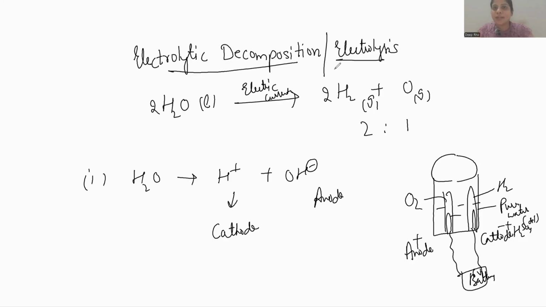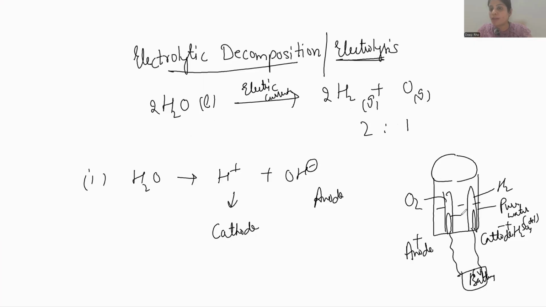Yes, this is electrolytic decomposition, or electrolysis of water. When water is decomposed into hydrogen and oxygen gas in a 2:1 ratio. For this apparatus setup, we take two electrodes, the anode positively charged and the cathode negatively charged. They are both connected to a battery.